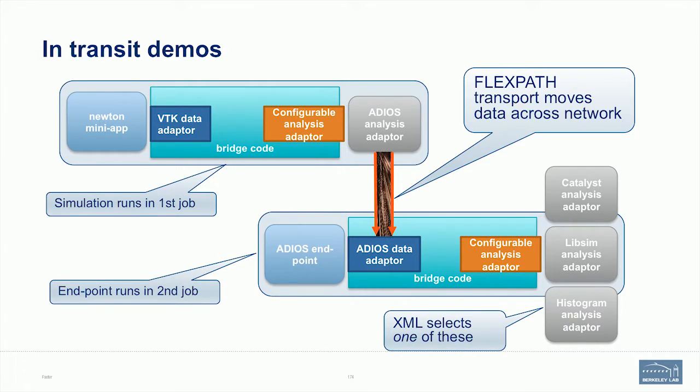I can change the transport. I could be writing to HDF5, reading from HDF5, or I could be writing to FlexPath and reading from FlexPath. It's going to take an XML file and create a configurable analysis adapter for the back end. And using the XML file, I'm going to choose either Catalyst or Libsim.